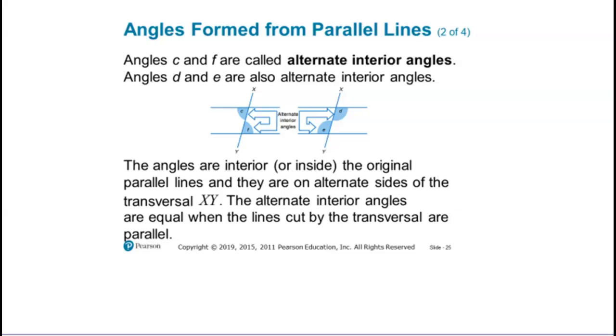The alternate interior angles for C and F are going to be the same angle. Likewise, for D and E. So we can extrapolate later on that angle C is going to be the same as angle F.